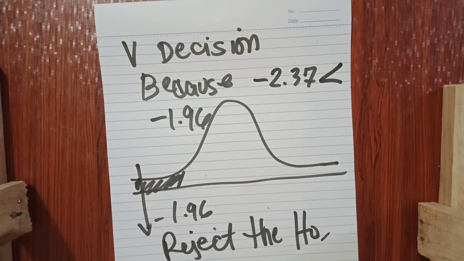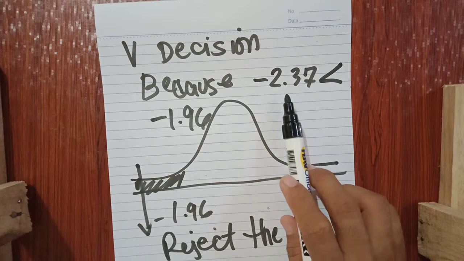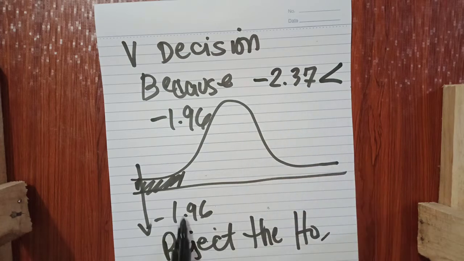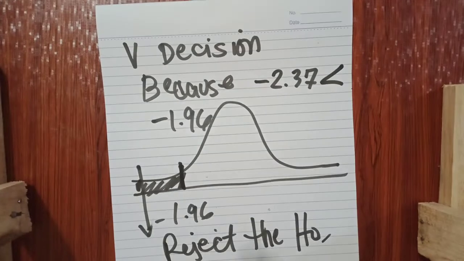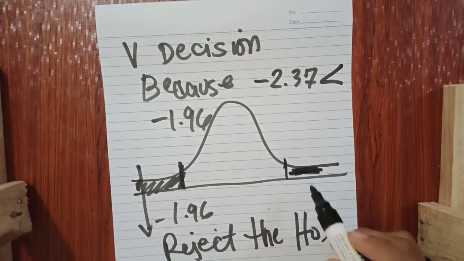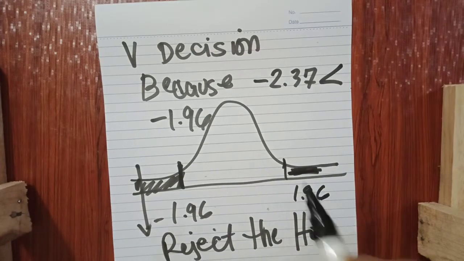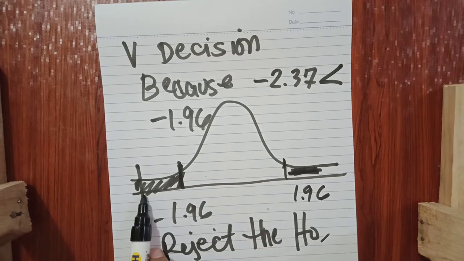Okay, decision. Pwedeng ganito ang paglalagay. Because negative 2.37 is less than, ito kasi critical value, ito kasi meron ding 1.96 dito. Dito yung nag-fall yung ating na-compute na z.